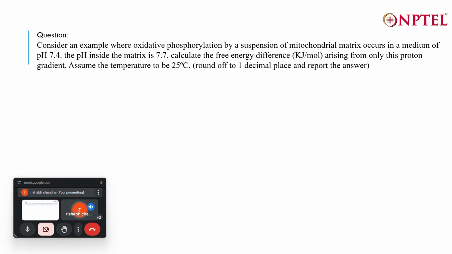Now you have to calculate the free energy difference delta G around this particular membrane, where the temperature is 25 degrees.